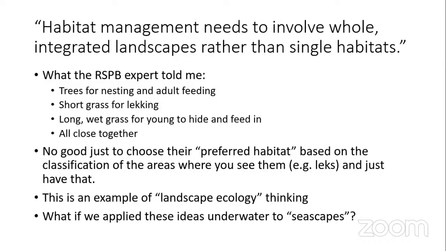But if we did that, they would all die, because they need this complicated mosaic of different sorts of environments very close together. And this is probably why black grouse are in some trouble, because they have this very complicated habitat requirement, including lots of edges between things. So this is landscape ecology thinking.